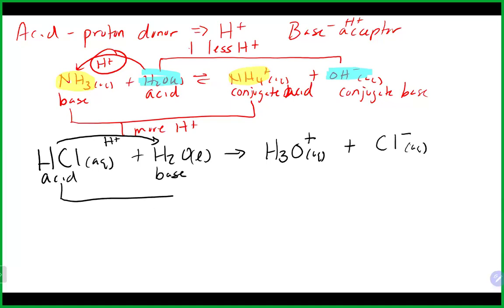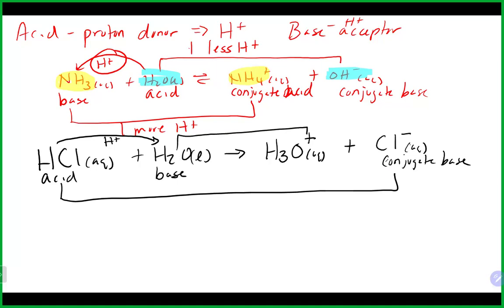This over here is my acid. This would be my conjugate base. This would be my base. This guy here would be my conjugate acid in this case, yeah? Now, in this case, water is acting as a base. Water was acting as an acid in the first one, right?